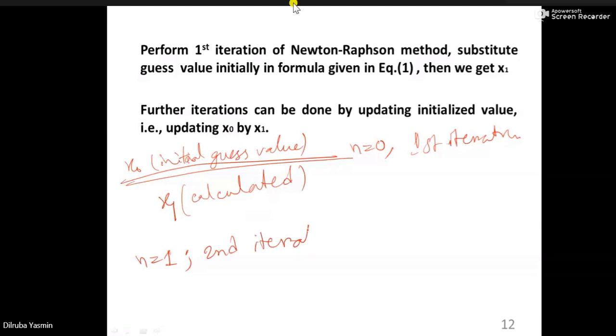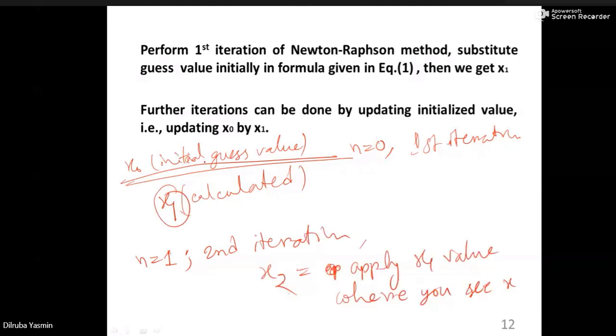If you have a system of nonlinear equations, suppose this system has more than one variable, suppose x1, y1. So how about another guess value? Why not? So you will get y2 value again here.